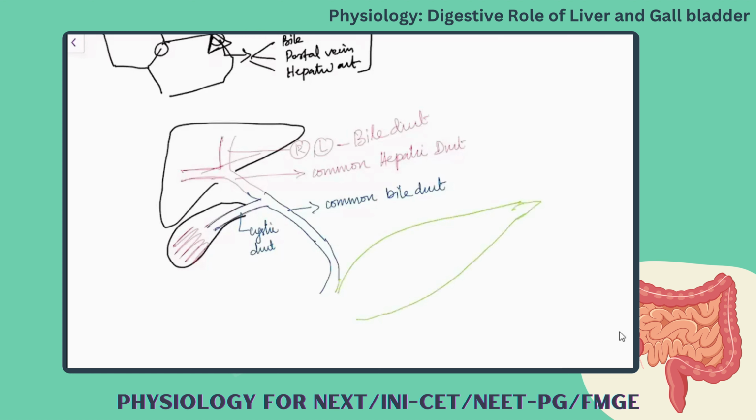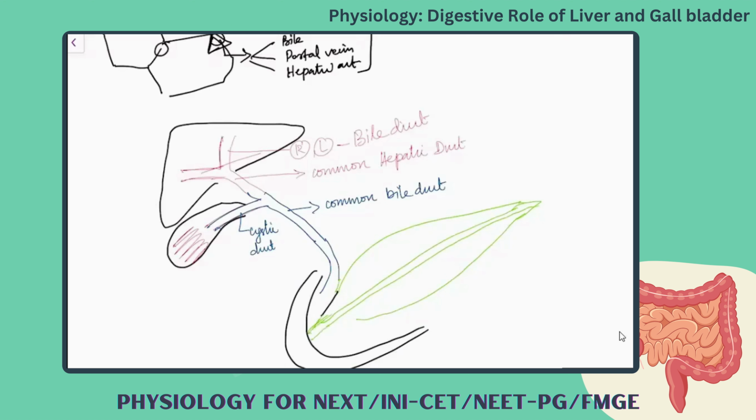This common bile duct and the pancreas, which gives the major pancreatic duct, both join at the second part of the duodenum.